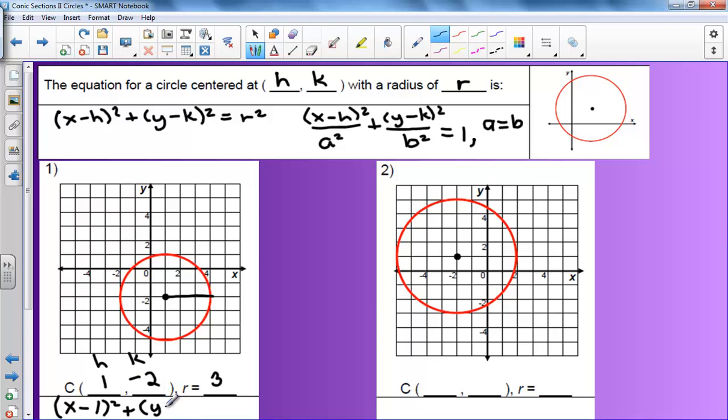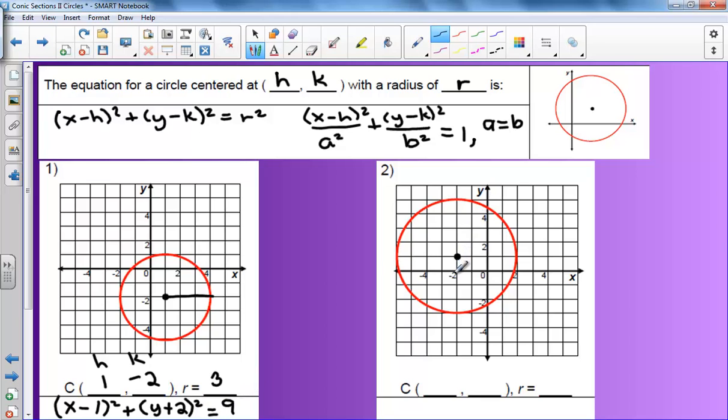So you can either put minus a negative 2, or you can put y plus 2. And we're most likely going to see it as y plus 2. Is equal to the radius squared, so 3 squared, which is 9. And then we have something that we could graph on our calculators.